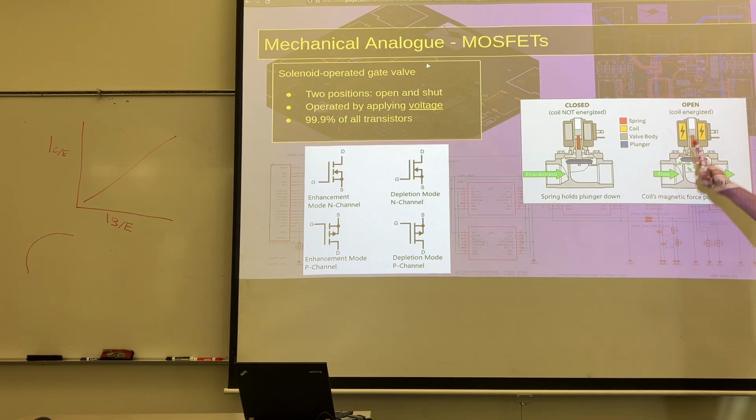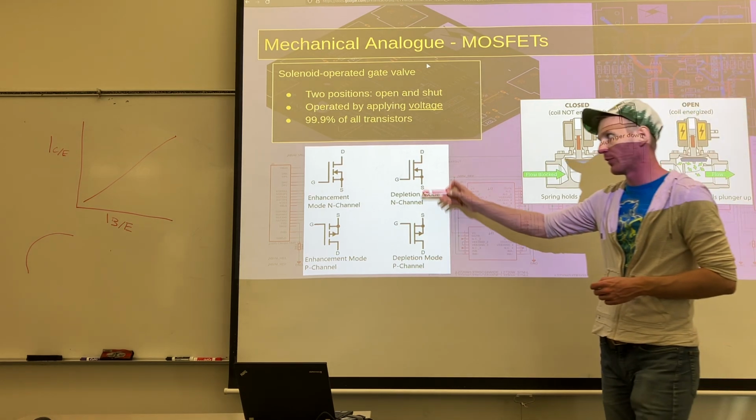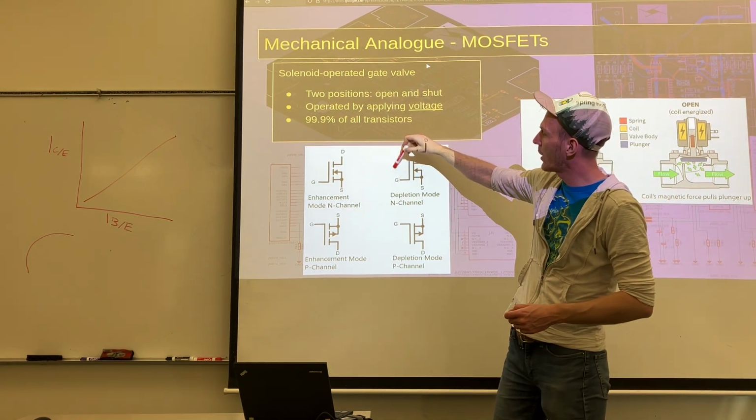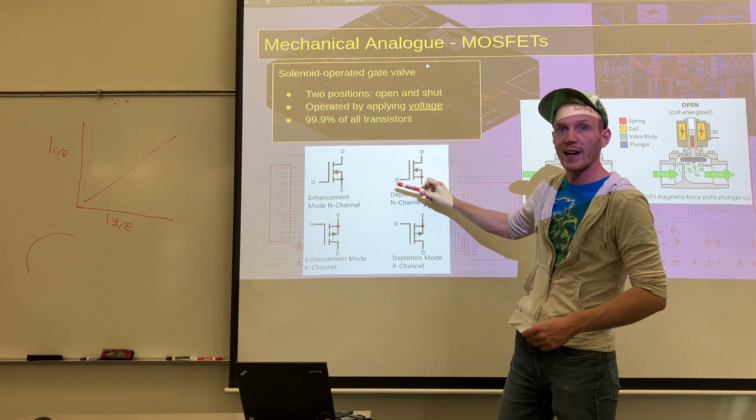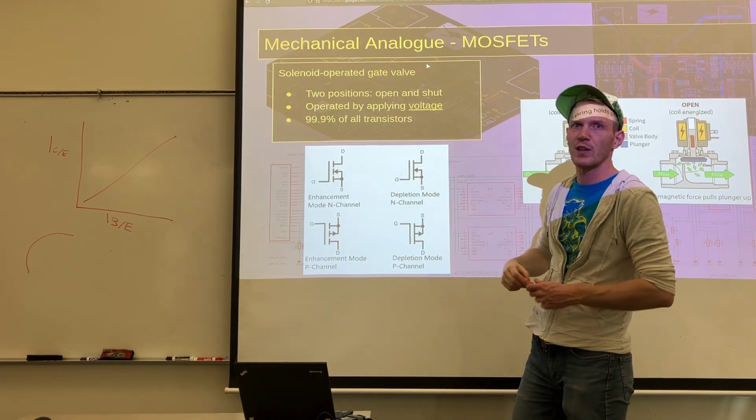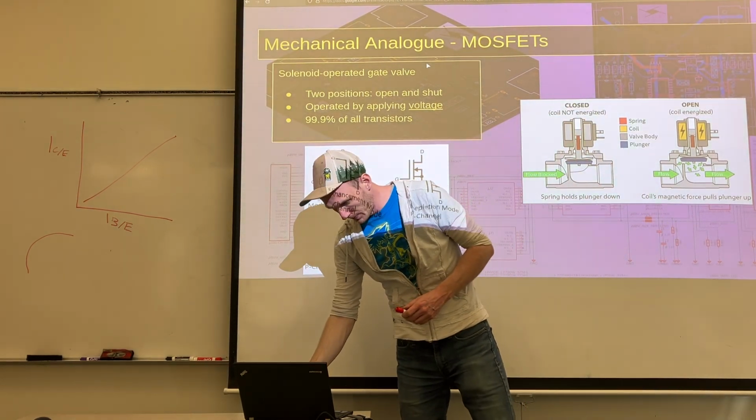Basically the idea you should get from that, with all of these different types of transistors, is if you have a positive voltage on the side thing, it conducts. That's really the main takeaway from that.